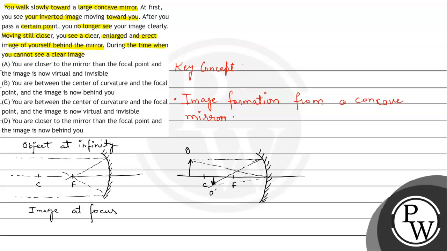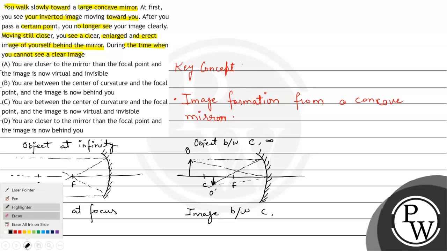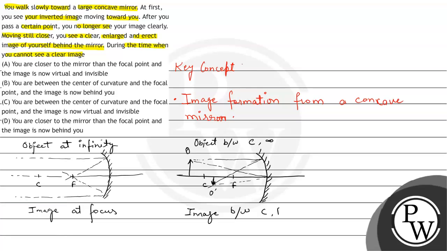So in this case, object between C and infinity, and image between C and F. Now let us also consider the size and characteristic of image.